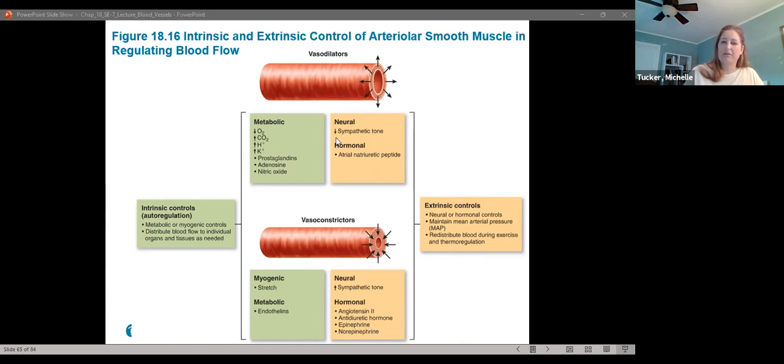And then we had our lone holdout, atrial natriuretic peptide, as a vasodilator. So this is actually a very good graphic to study because it summarizes the extrinsic controls and then the intrinsic controls as well, which we haven't gone over, but that's where we're going.